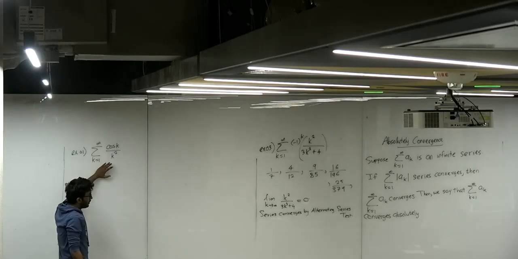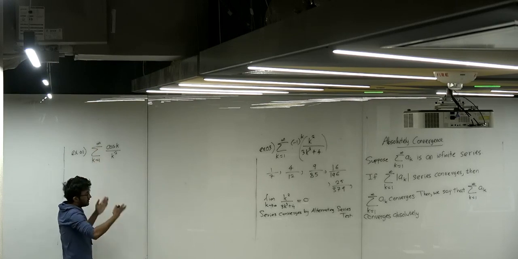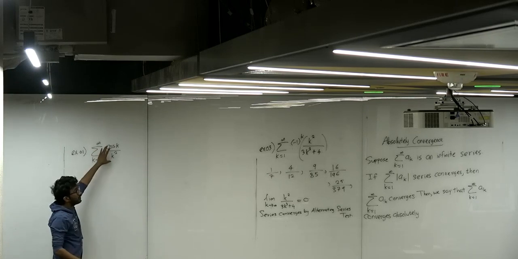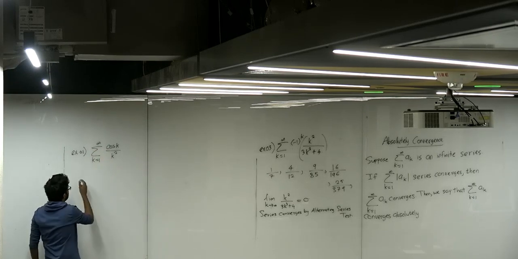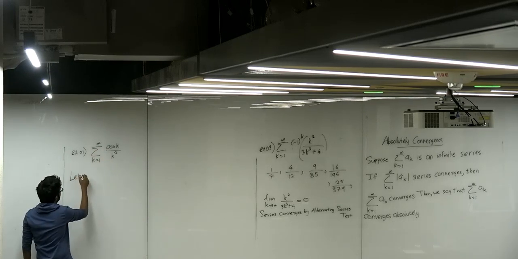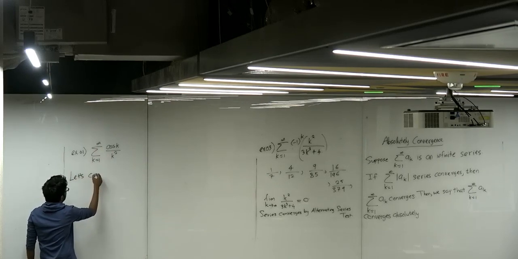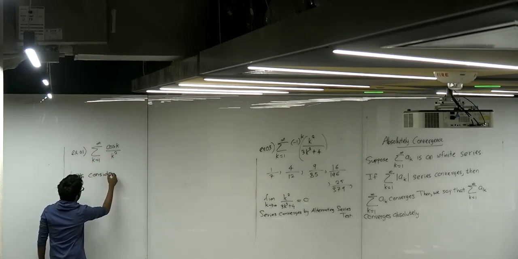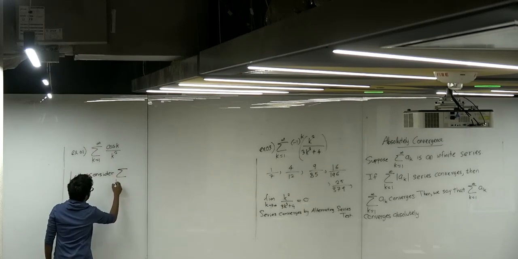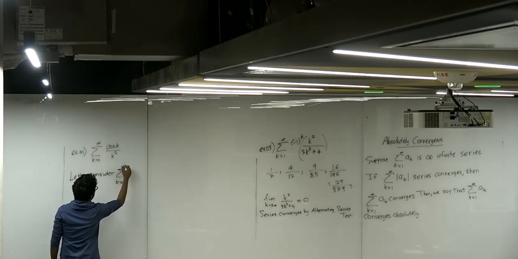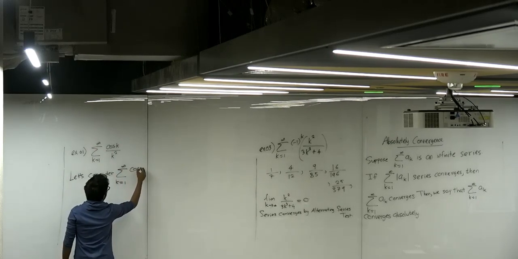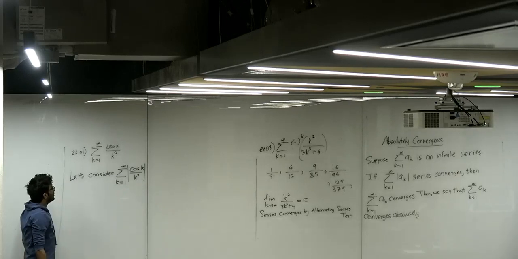Instead of the original series, let's consider the series that consists of absolute values of terms, summation k goes from 1 to infinity of absolute value.